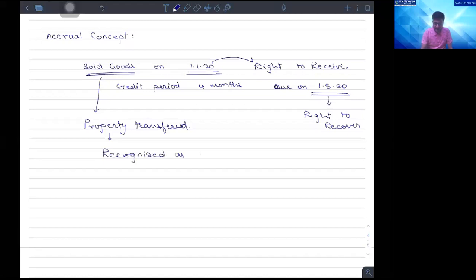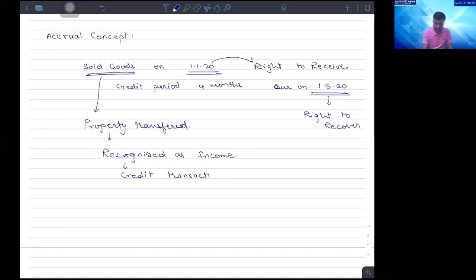Recognized as income when you transfer the property. And this is the only concept because of which the credit transactions are recorded into the books.